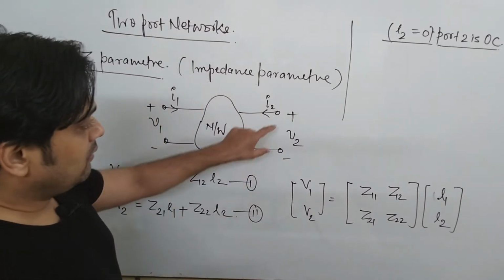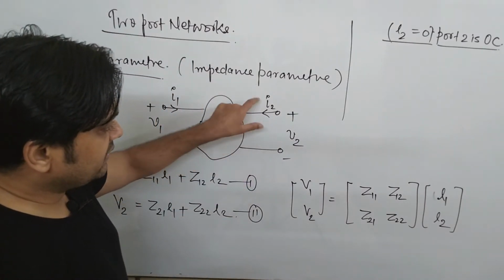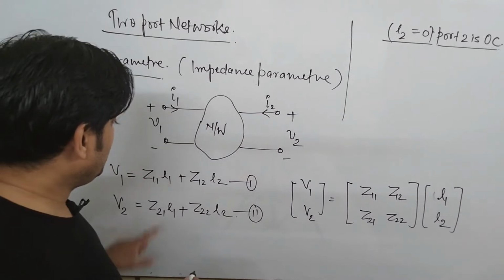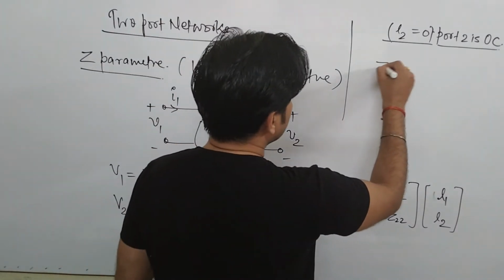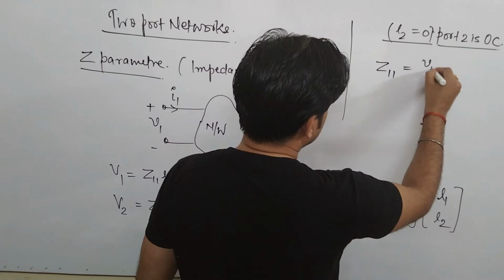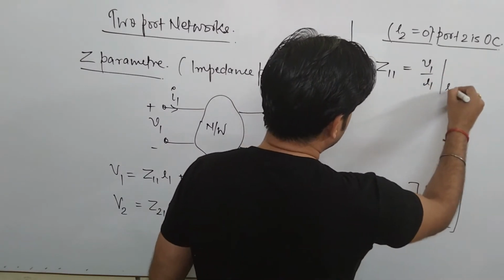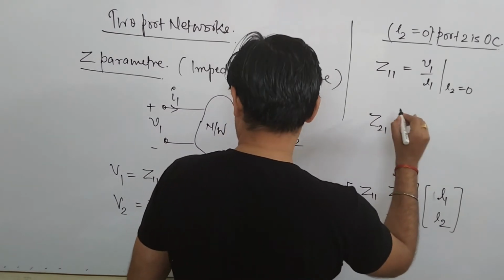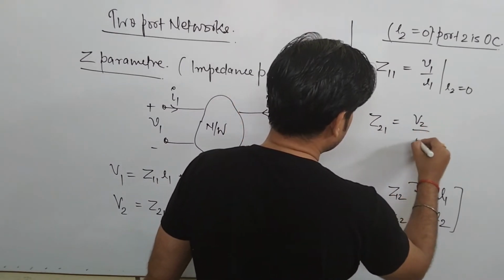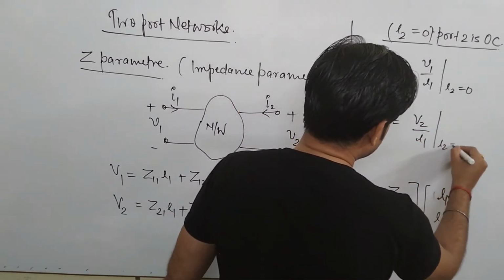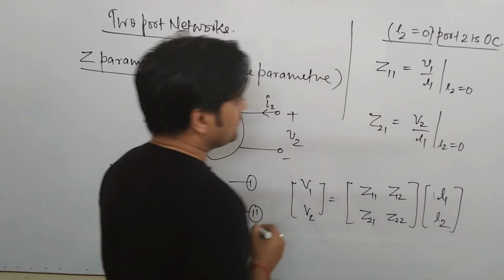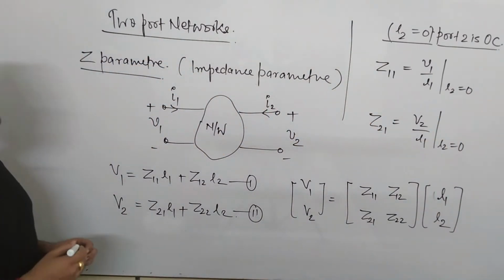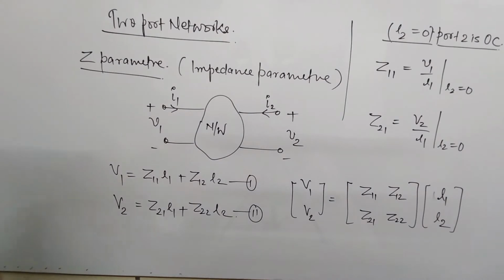Very important. When it is open circuited, there is no I2. So when I2 is 0, you get Z11 as V1 by I1 for I2 equal to 0, and Z21 as V2 by I1 for I2 equal to 0. These are the two parameters you find for I2 equal to 0.